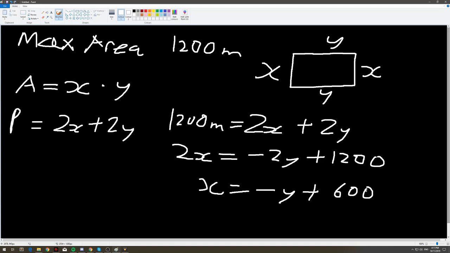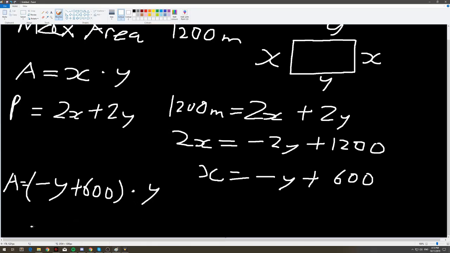Okay, so now once you have your value for x, you just sub it into this area equation right here. So we just write it out like this: A equals negative y plus 600, multiplied by y.